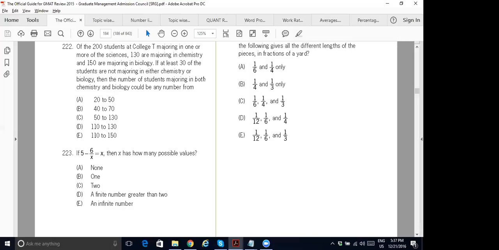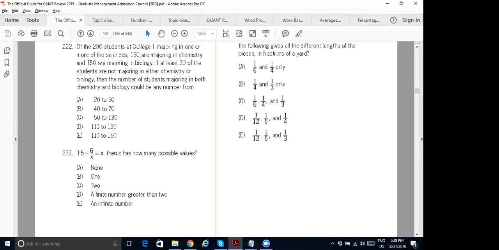X has how many possible values? Is the answer 2? Yes, that is right. How?